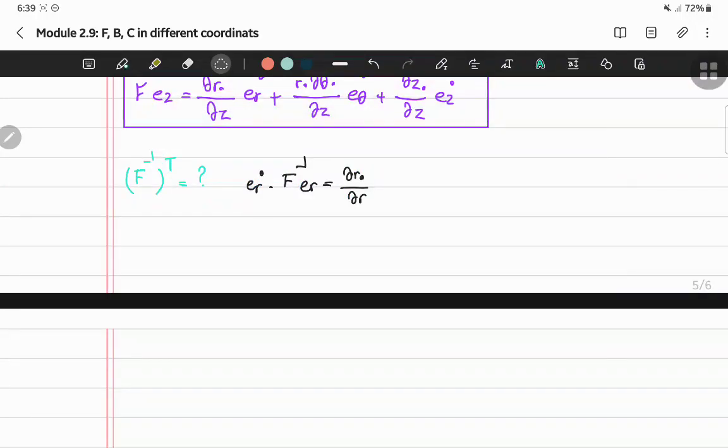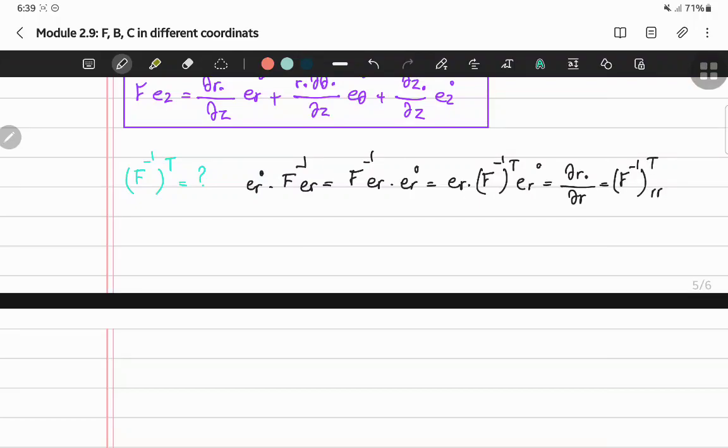I remove this one. So I have F inverse ER dot ER0. I can write this as ER dot F inverse transpose ER0. This is equal to the partial derivative of R0 with respect to R. This is F inverse transpose RR component.